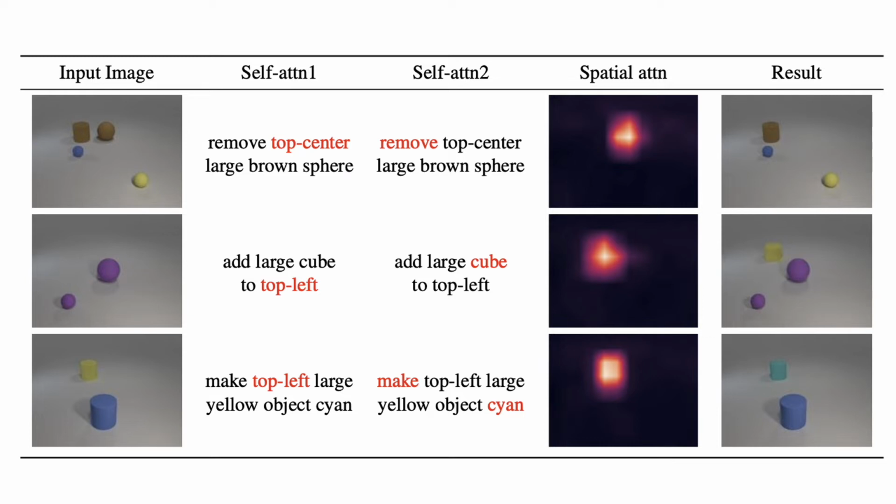And the third column is the second self-attention module, where the words contain mostly how-to-edit information. And then the fourth column is the generated spatial attention mask. Even though it's a little bit blurry, it actually specifies the correct location of the image that we wanted to make changes to.